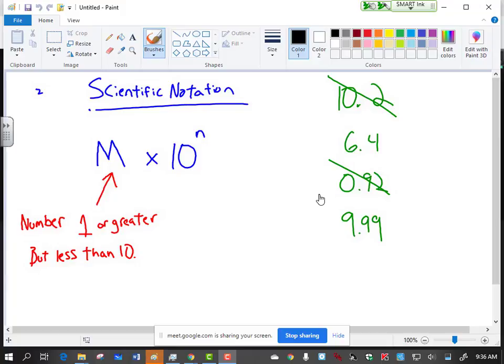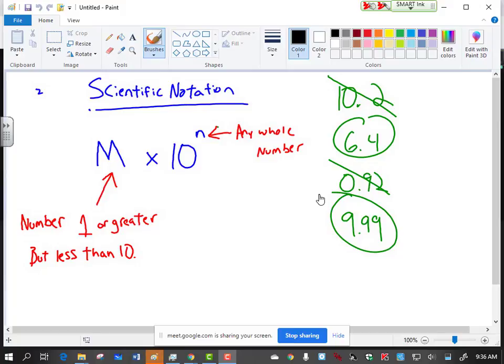So these numbers can work for that m value because they are 1 or greater, but less than 10. You will always have times 10 to something for scientific notation, and this n value can be any whole number. It can't be a fraction or a decimal.